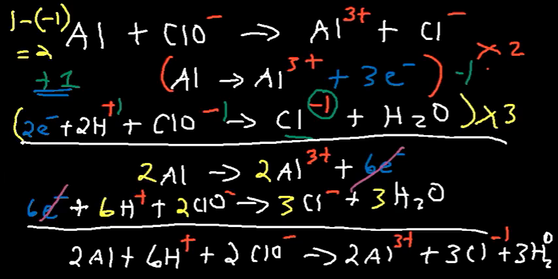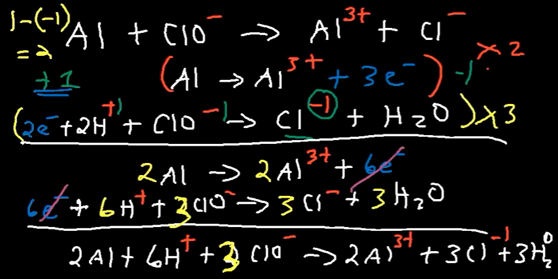So now every atom is balanced. We have 2 aluminum atoms. Wait, hold on. This is supposed to be a 3. 3 ClO minus. So let's fix that. That's a 3. Okay, now everything is balanced.